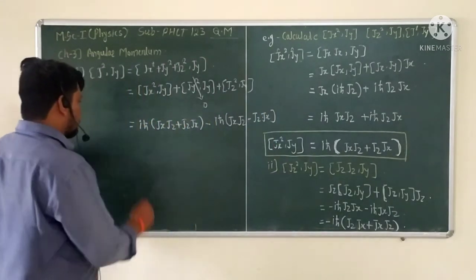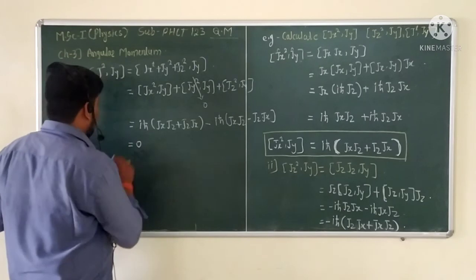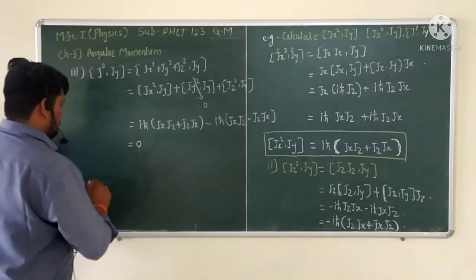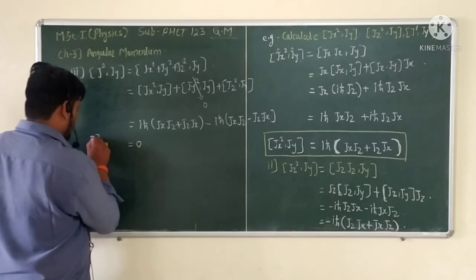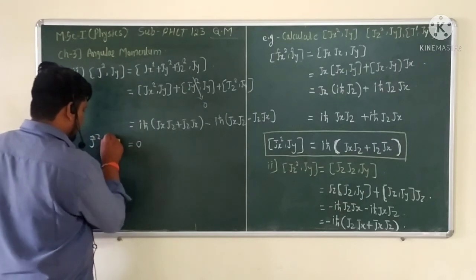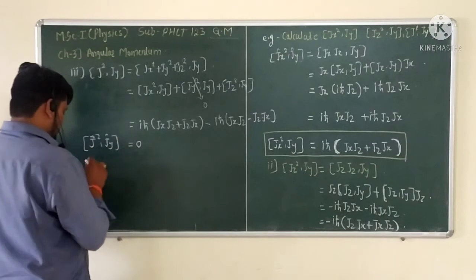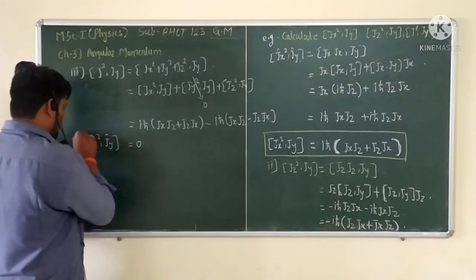The final result of this is 0. So the commutation relation of J² with Jy is nothing but 0.